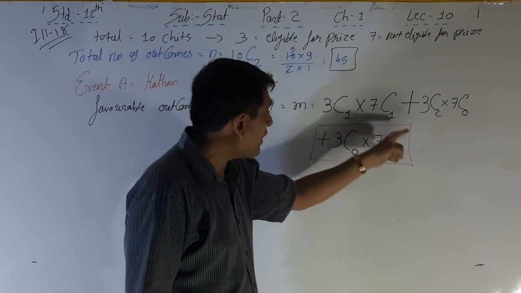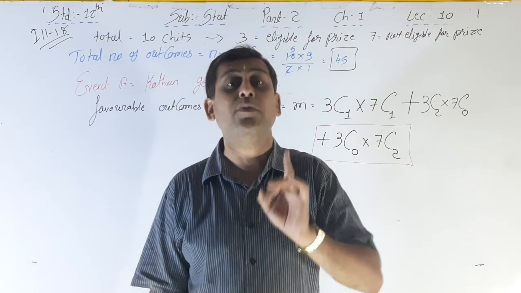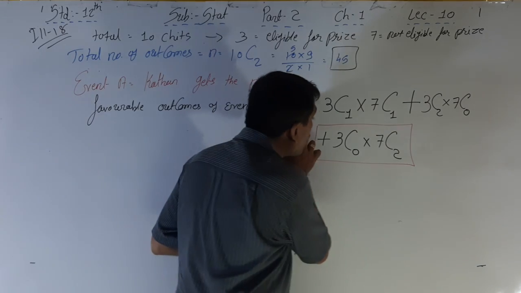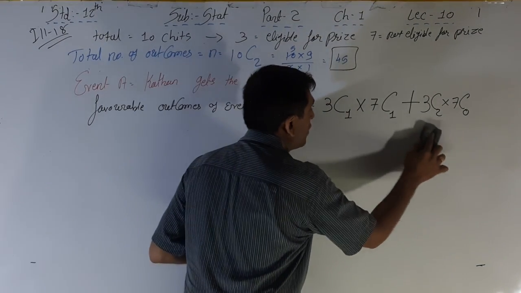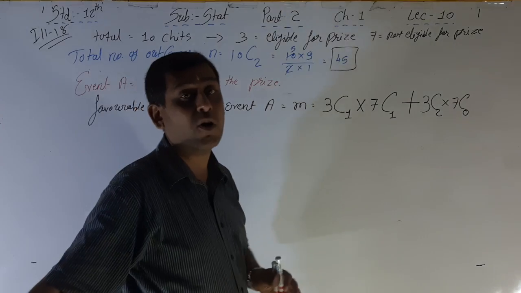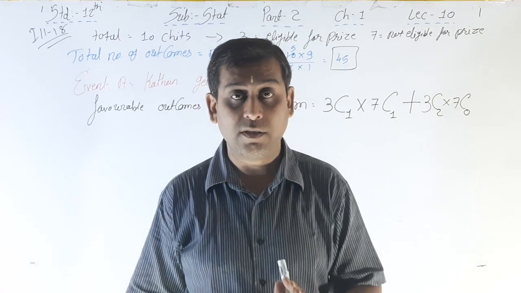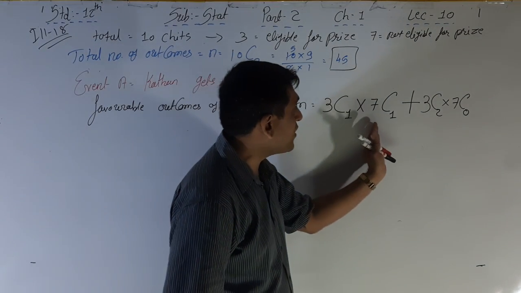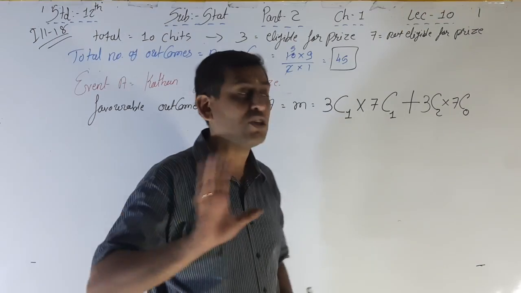But here the condition of event A, that Kathan gets the prize, is not fulfilled. That's why we don't have to write these as your favorable outcomes. It is not a favorable outcome because in this case Kathan did not get any prize. So your favorable outcomes is only this 3C1 into 7C1, plus 3C2 into 7C0.